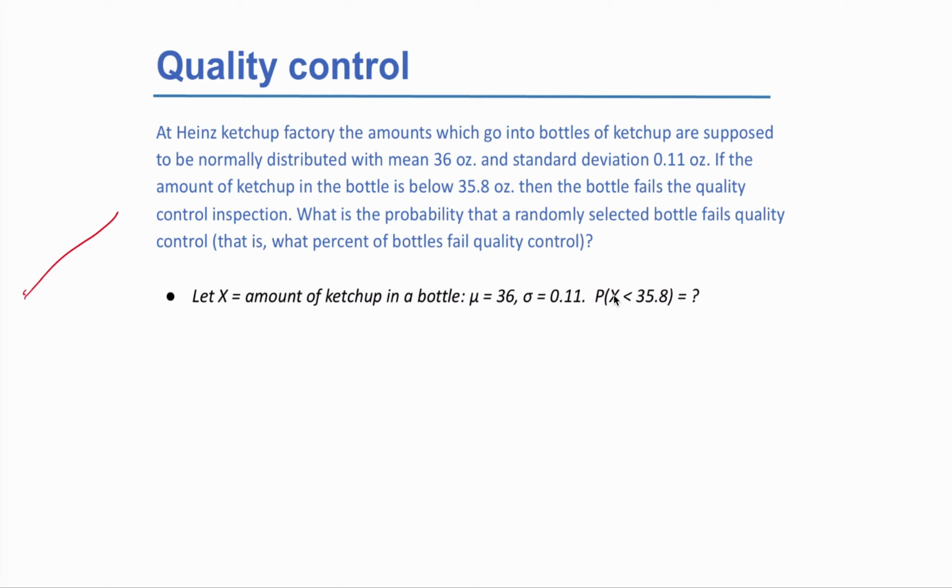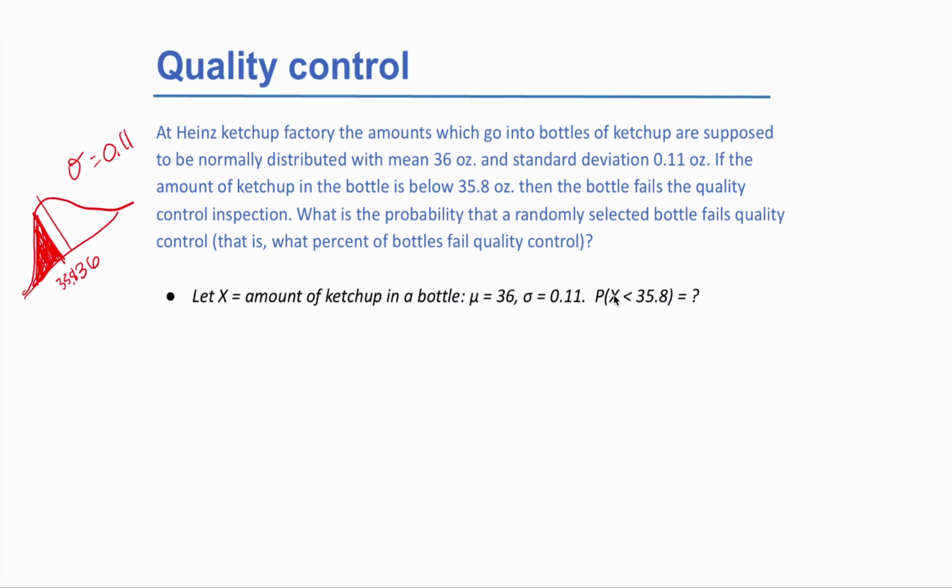So, always helpful to sketch a normal curve. You'll get really good at drawing that normal curve there, with a mean of 36 and a standard deviation of 0.11. We want, if the amount in the bottle is below 35.8, so here would be 35.8, and we want to know what goes in here, right?